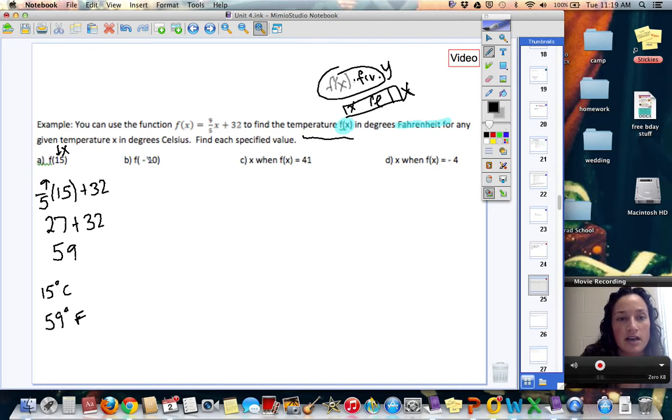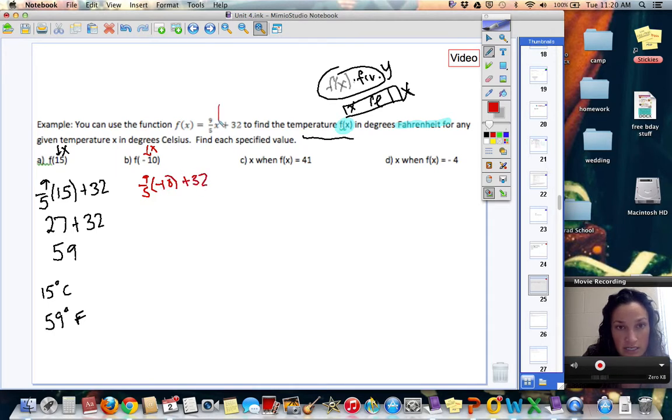This one, f of negative 10, again, this is an x value, so I'm going to plug it in for x. Let's do this in red. So I have 9 over 5 times negative 10 plus 32.